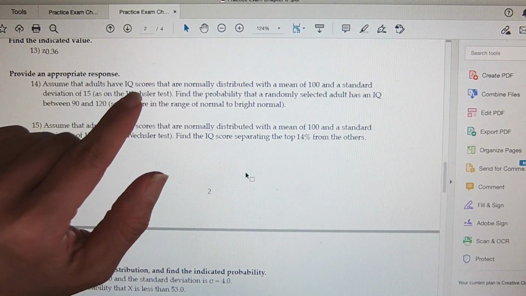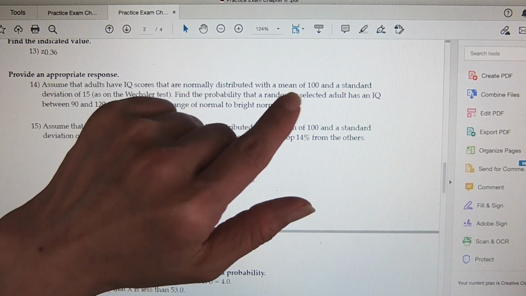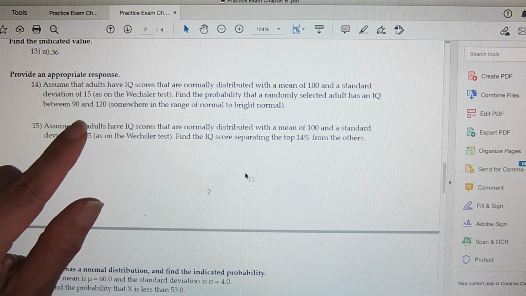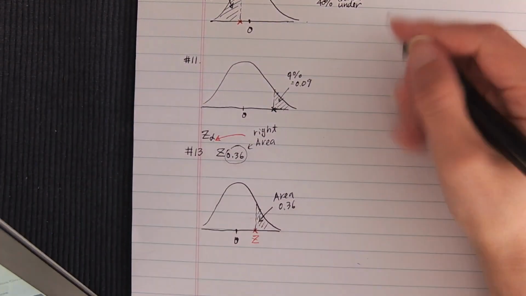Assume its IQ score is normally distributed. Oh, it's a bell shape happening. The mean is 100. The standard deviation is 15. So number 14, I'm gonna write here.